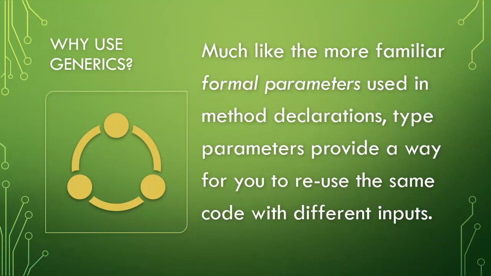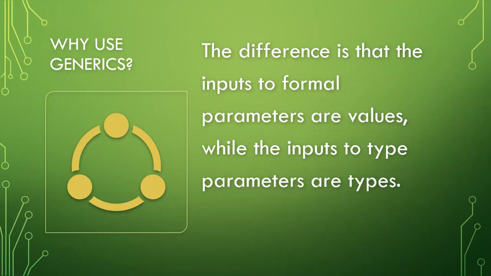Much like the more familiar formal parameters used in your method declarations, type parameters provide a way for you to reuse the same code but with different inputs, i.e. different types, and you don't have to keep repeating the code again and again just because you need a new type to do the same work.